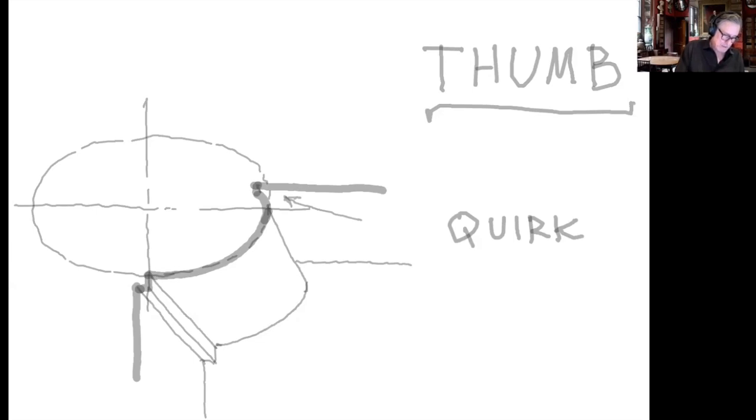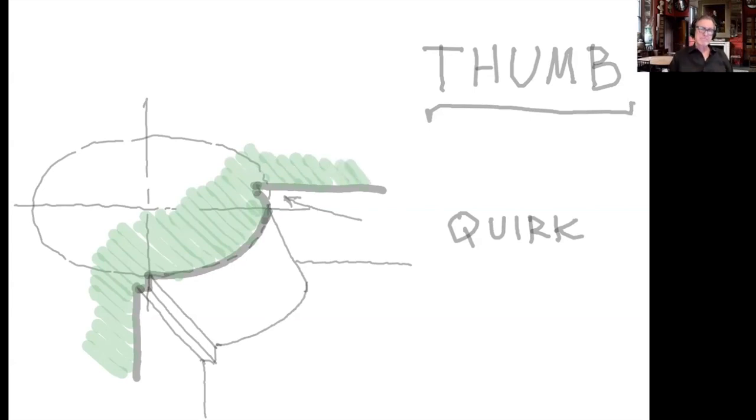And then let's shade the solid part together. And then we'll have our thumb molding. It's really a lovely shape, and I think a very expressive shape. Very organic.